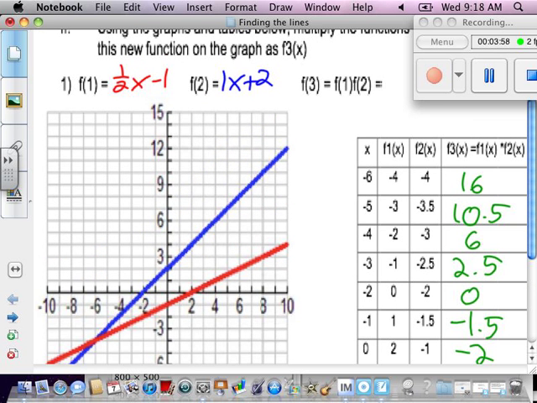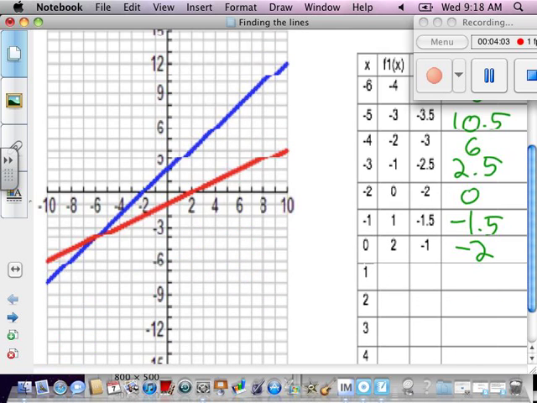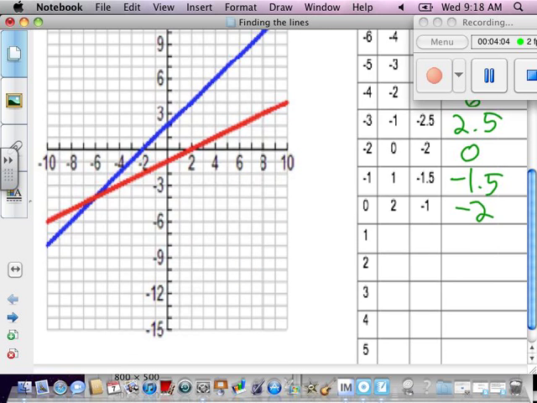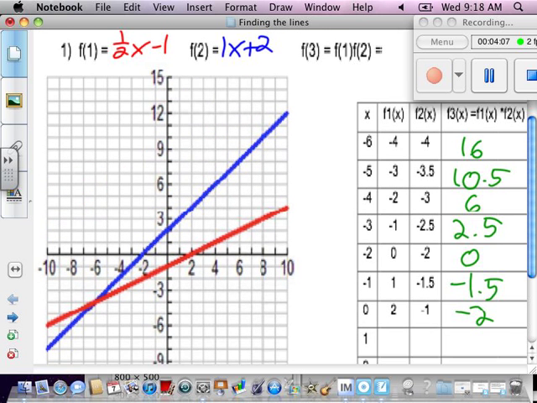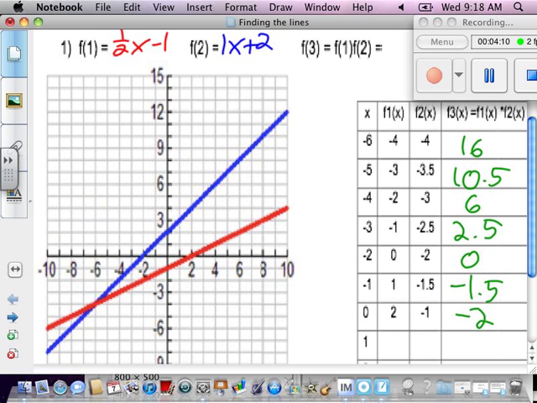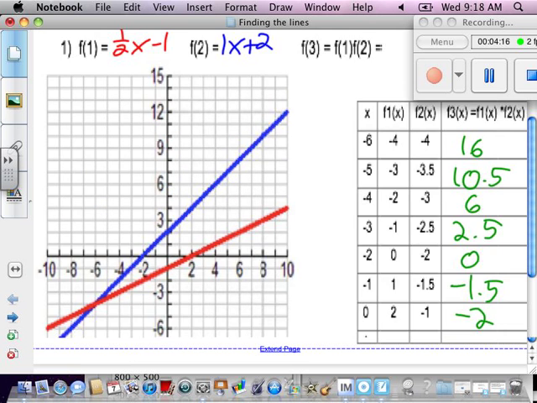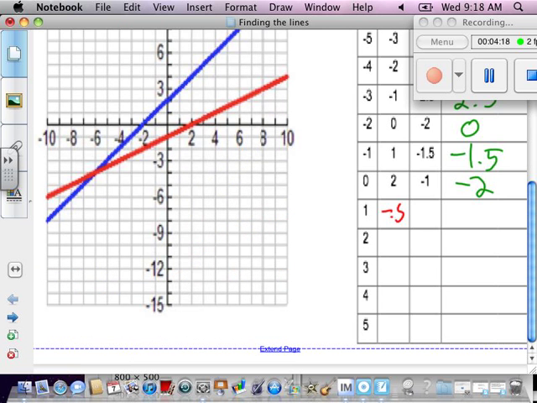Half of 6 is 3. 3 minus 1 is negative 4. Okay, so good. We know it's 1 half x minus 1. So 1 times a half is a half. A half minus 1 is negative 0.5.